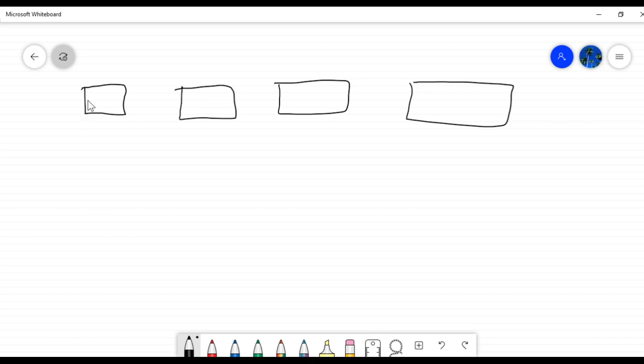What is the first one? SQ into SP. Second one, RSQ into SP.